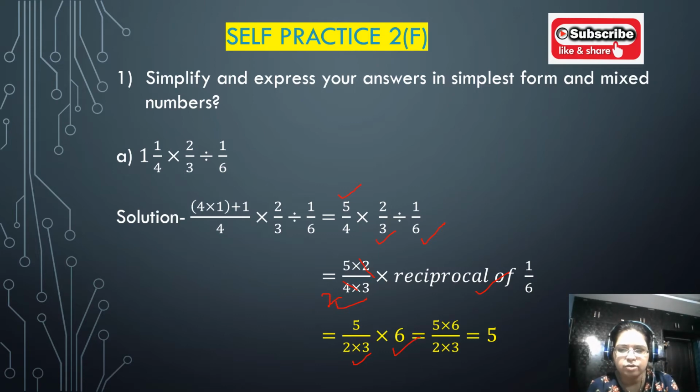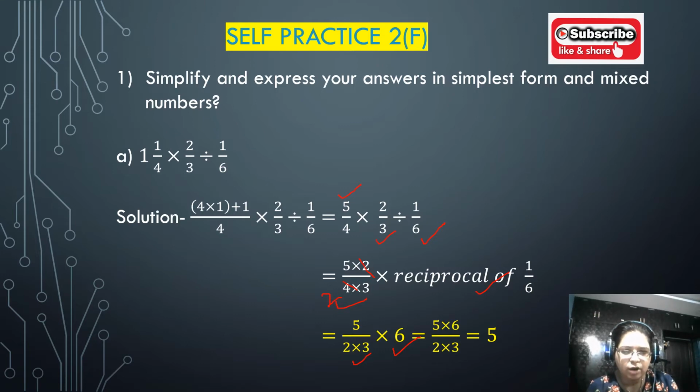That is just inverse, that is just interchange the numerator and denominator, we get the reciprocal of that fraction. So here 1 is in numerator and 6 is in denominator. So we interchange the numerator and denominator, that is 6 divided by 1, and 6 divided by 1 is 6.